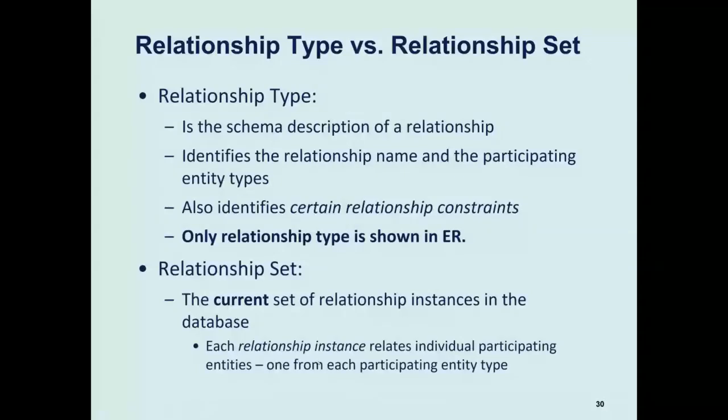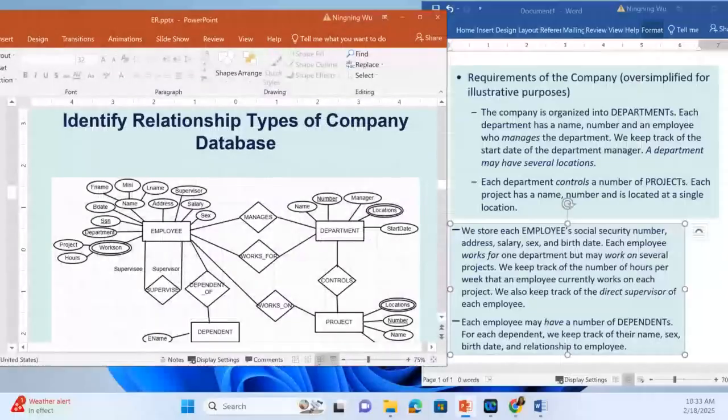So I want you to review the two ways that we can identify the relationship types. In the next class, we're going to focus on the relationship type and also introduce the constraints on the relationship type. Okay, so that's pretty much for today. Any questions?